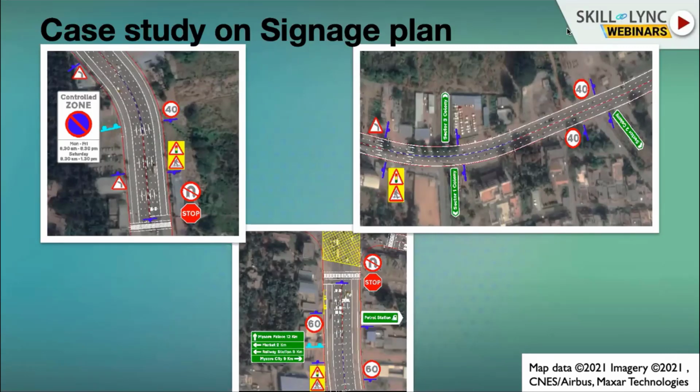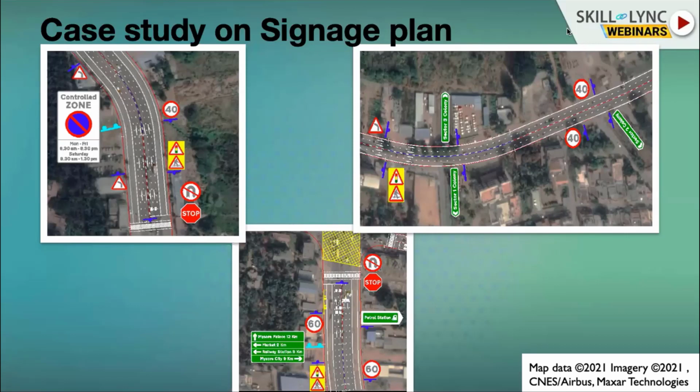Let's go to zone one, which is the section on the north of the junction. Here we can see a controlled zone, which provides information on no stopping, and it also mentions certain days and timings when the no stopping is imposed.